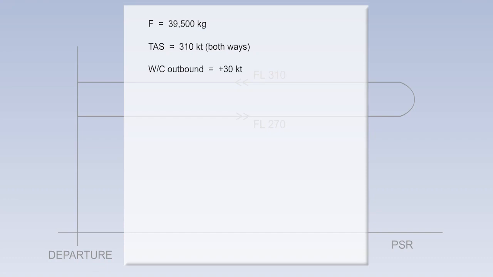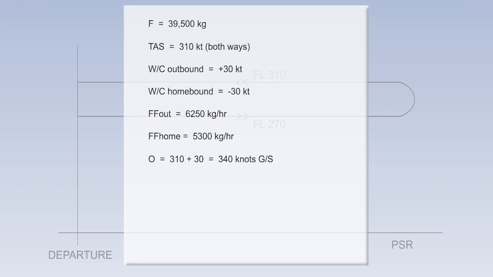We have 30 knots tailwind outbound and 30 knots headwind inbound. The fuel flow outbound at flight level 270 is 6,250 kilograms per hour, and the fuel flow homebound at flight level 310 is 5,300 kilograms per hour.